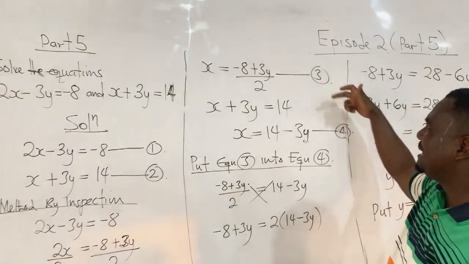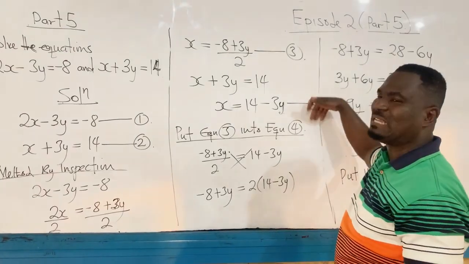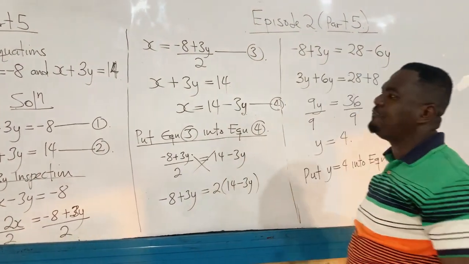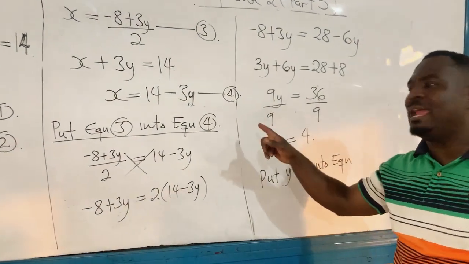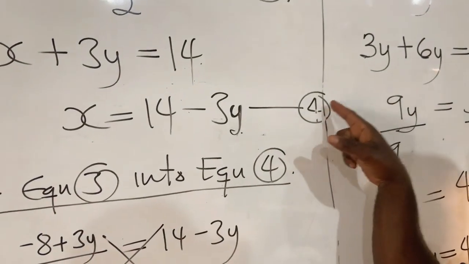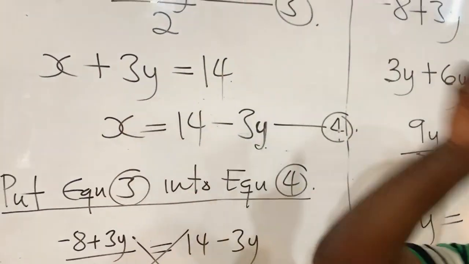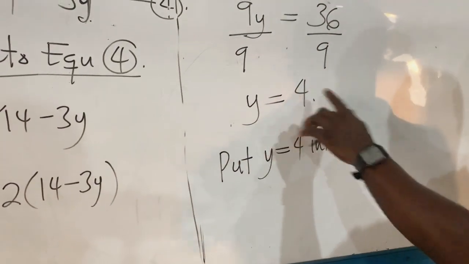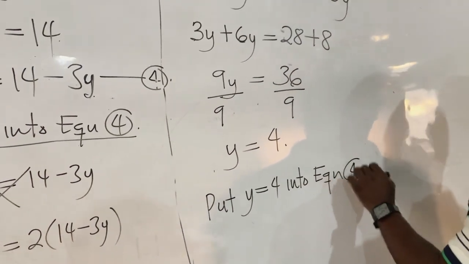So looking at equation 3 and equation 4, which one will make things easy for you? I will prefer equation 4. I will go for equation 4, because with equation 4 it's easy to find x.